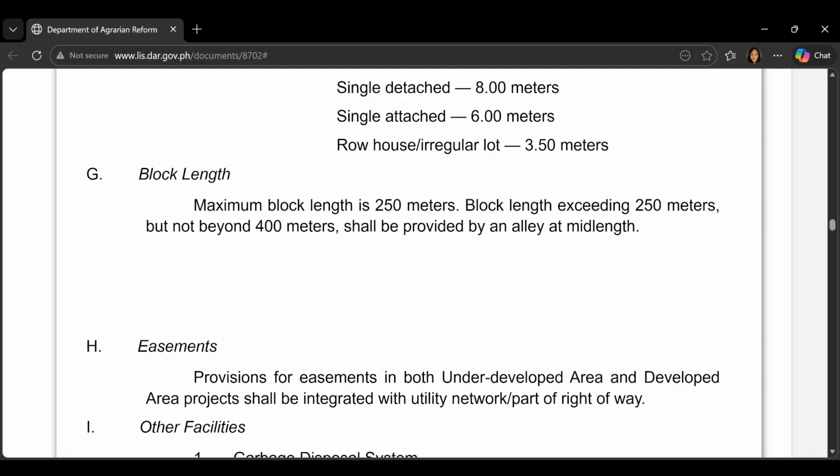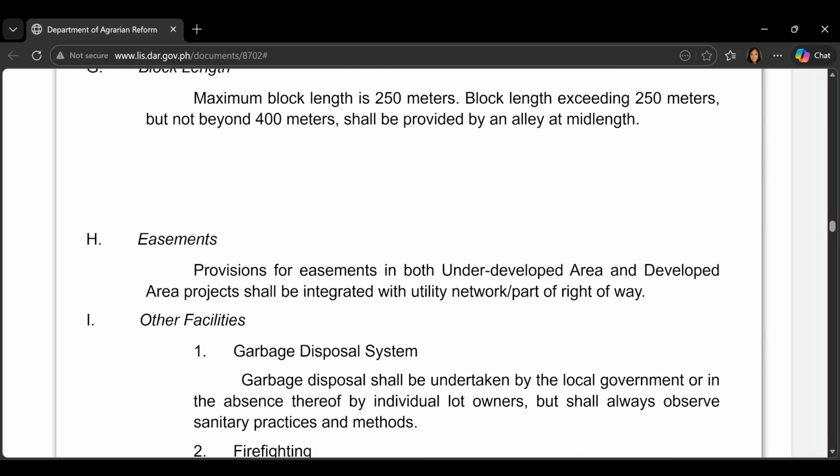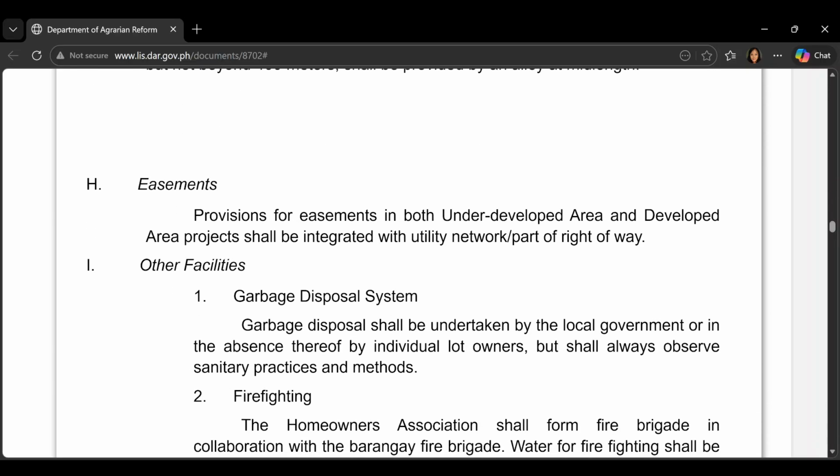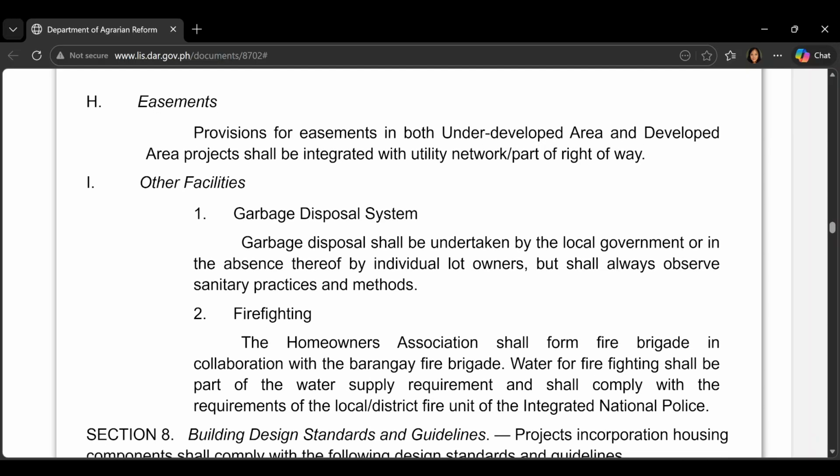Block length exceeding 250 meters but not beyond 400 meters shall be provided with an alley at middle length. H. Easements. Provisions for easements in both underdeveloped area and developed area projects shall be integrated with utility network, part of right-of-way. I. Other facilities.